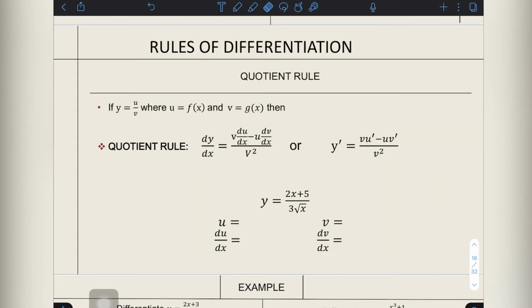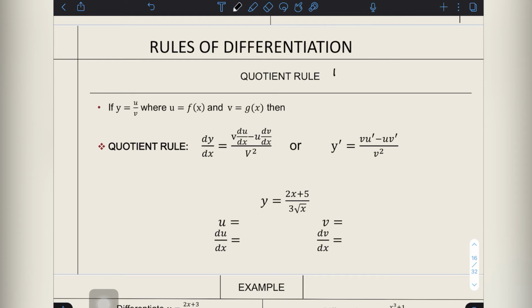The question is when to use the quotient rule. Before this, we learned how to use the product rule to do differentiation, where we use the product rule when we have an equation with two different terms separated by multiplication. The quotient rule will be used when we have an equation with two terms separated by division.